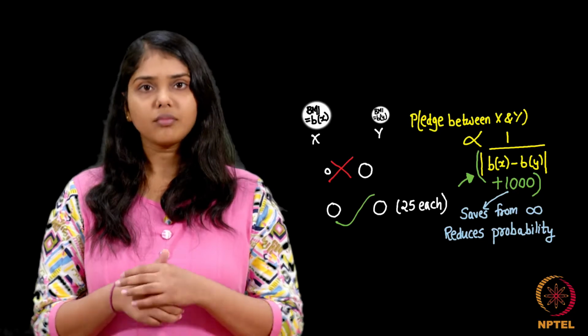One interesting concept here which I would like to tell you: here are two people, let's say A and B, and assume the probability with which A and B become friends is 0.4.